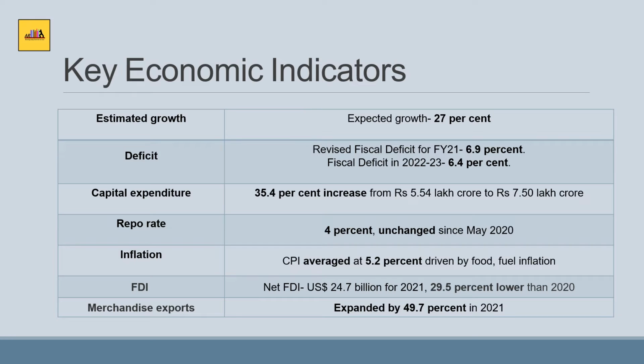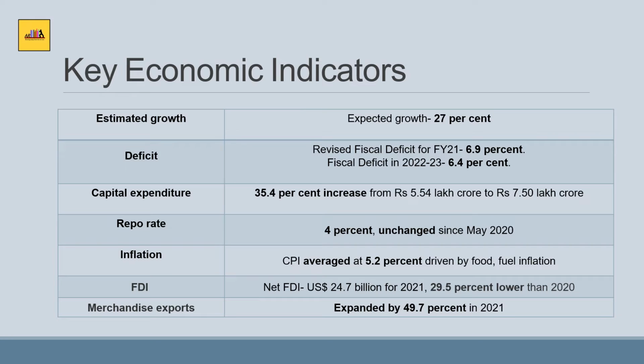The RBI has, however, kept the repo rate unchanged at 4%. The inflation lingered around 5.2%, chiefly driven by the high prices of food and fuel. The foreign direct investments in 2021 have gone down by 29.5% as compared to 2020.